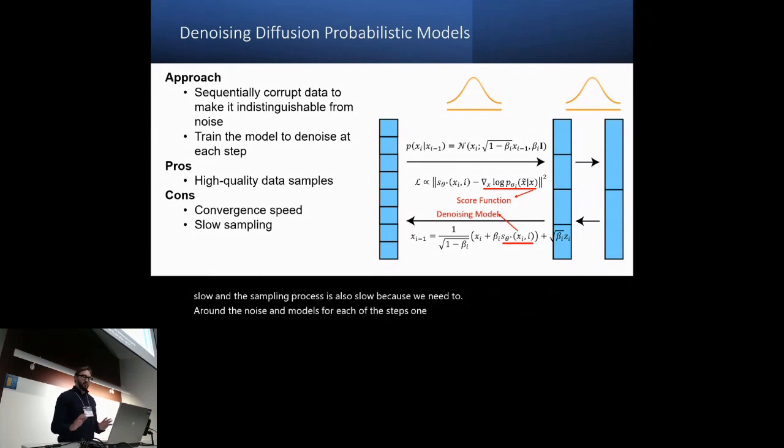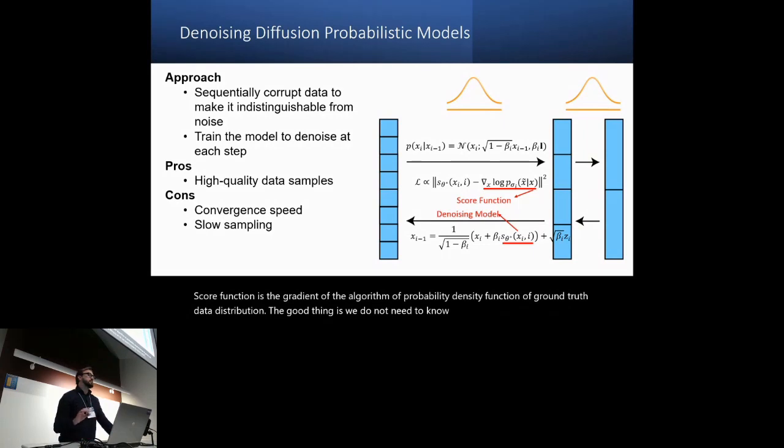One of the ways that those models can be generalized is through the score function. Score function is the gradient of the logarithm of probability density function of ground truth data distribution. The good thing is we do not need to know this explicitly.